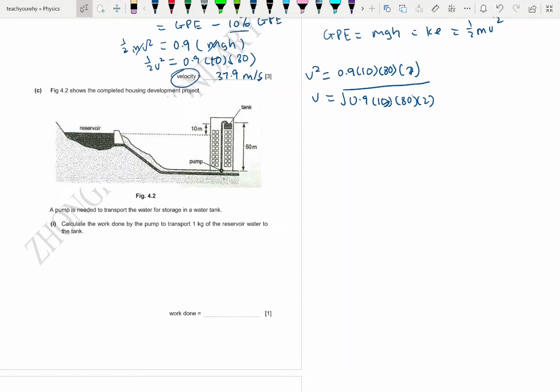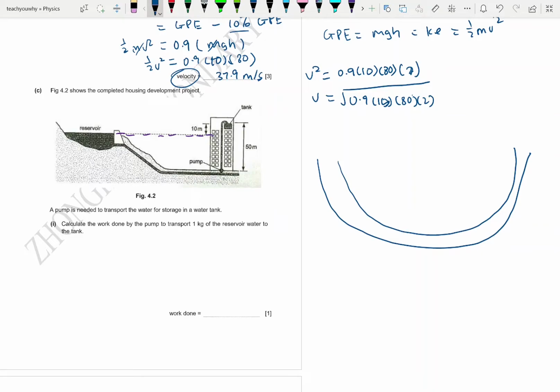What you're going to recognize is that if my water level is here on top of the reservoir, it's something like a manometer, a very fat one. So this is your reservoir.